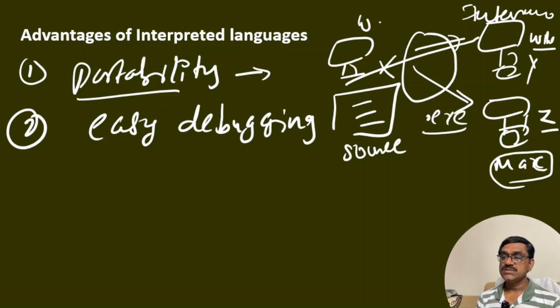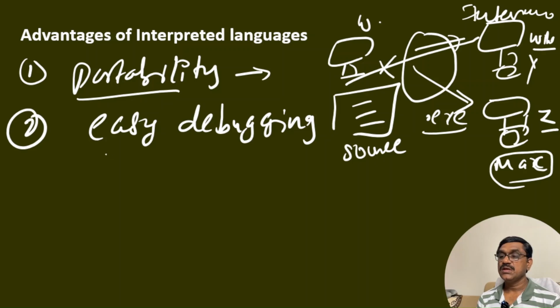But here, this is not true. Why? Because an interpreter converts line by line, at runtime, whereas a compiler converts the whole program in one go into executable code before runtime. That is very, very important. That's why interpreted languages provide portability.